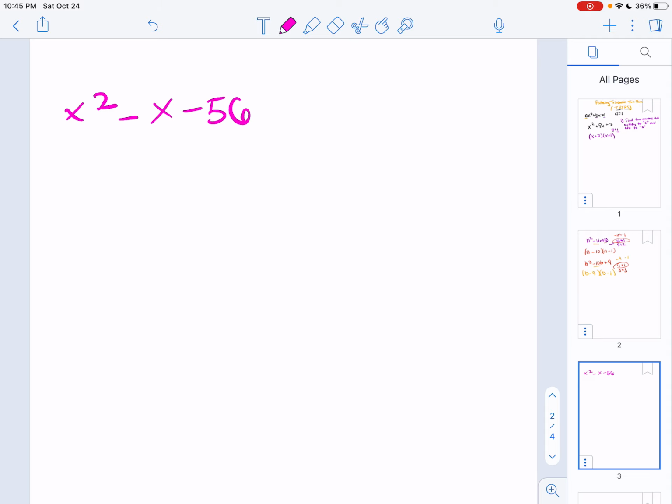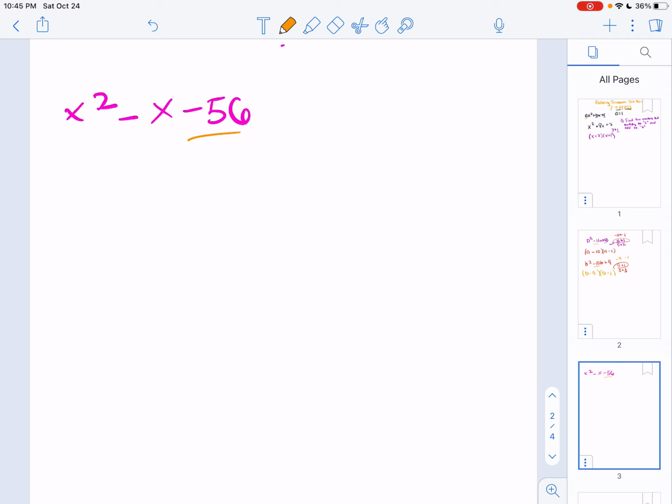Since the 56 is negative here, the signs of the two numbers we're going to multiply together need to be opposite. The only way for us to get something negative when we multiply is if one is positive and one is negative, because two positives multiplied get a positive, and two negatives multiplied still get a positive. So they have to be one of each.